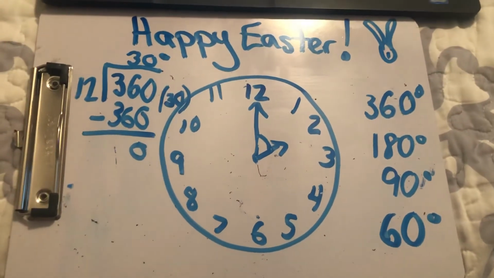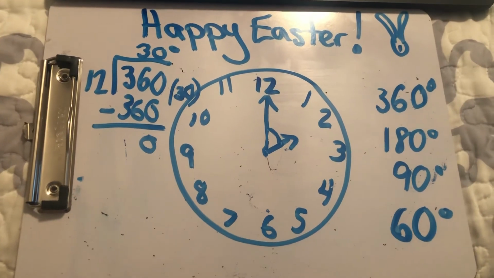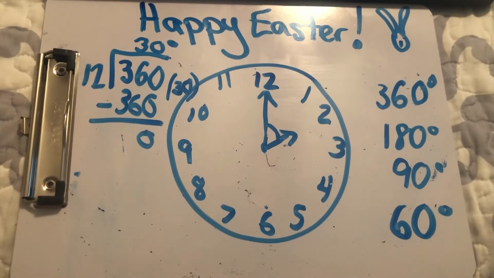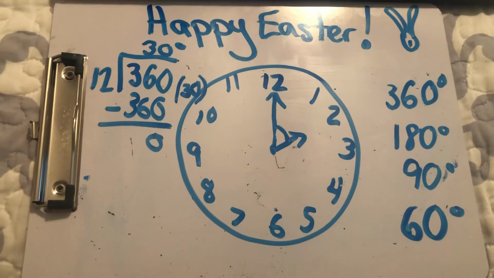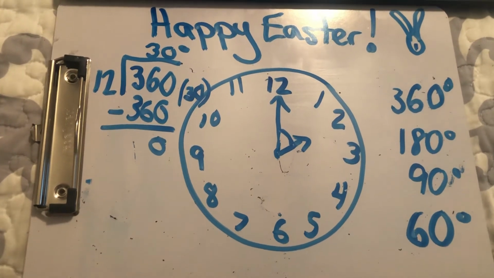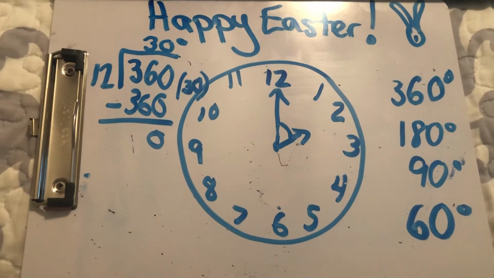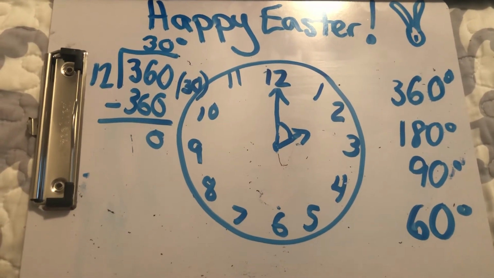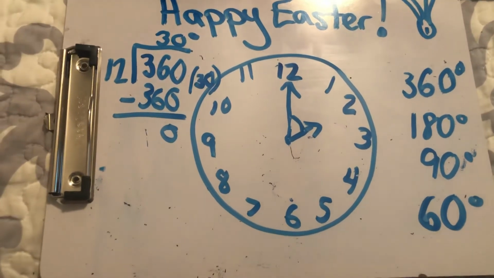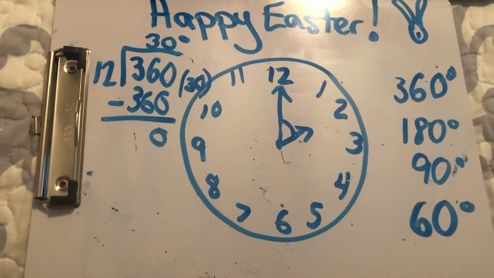So now that was just a quick lesson explaining the reference of degrees and circles and how they're related, the connection, the background information, and how you can use that and apply it to the Ready lessons and iReady lessons.